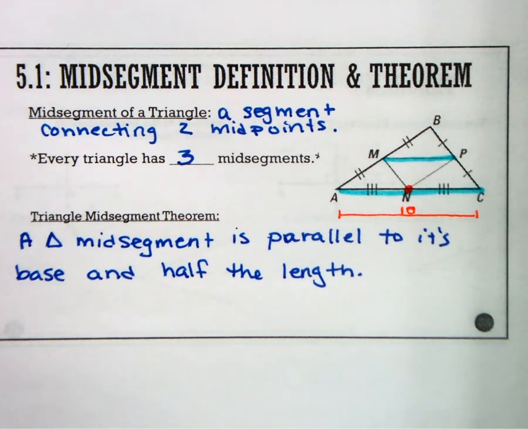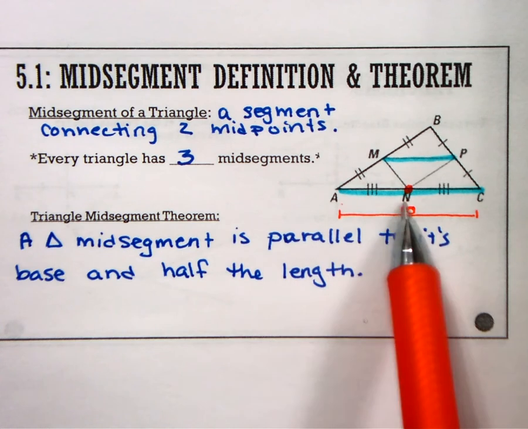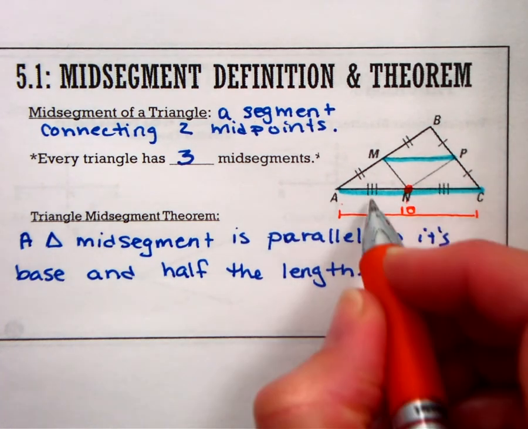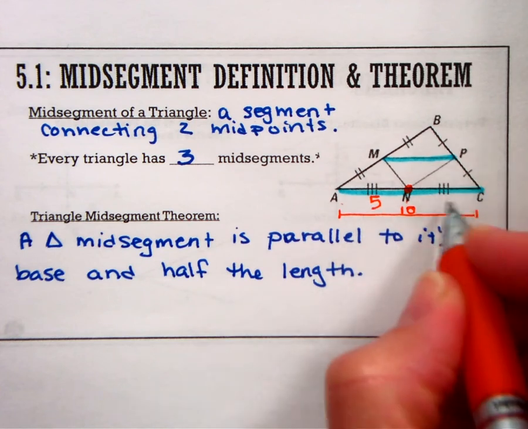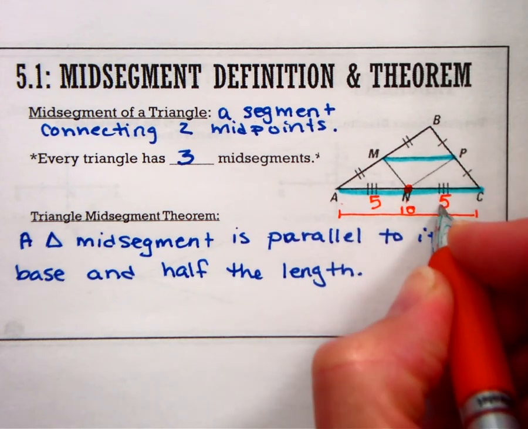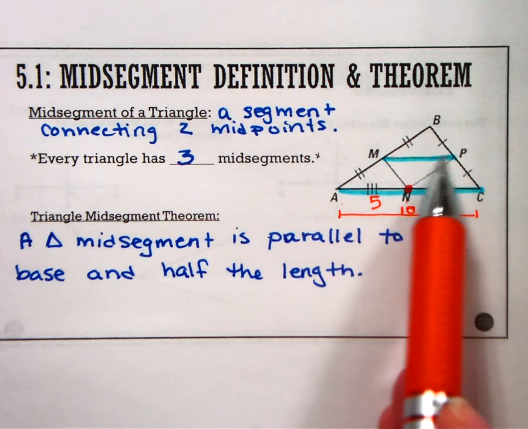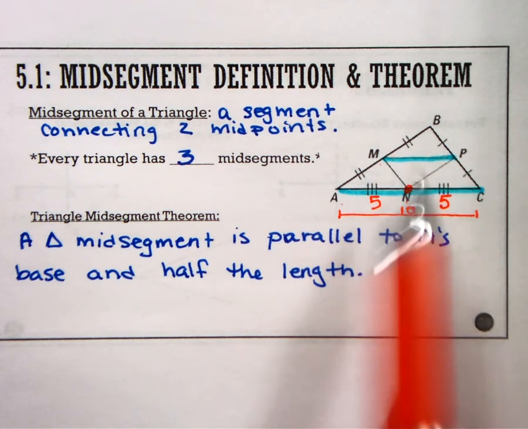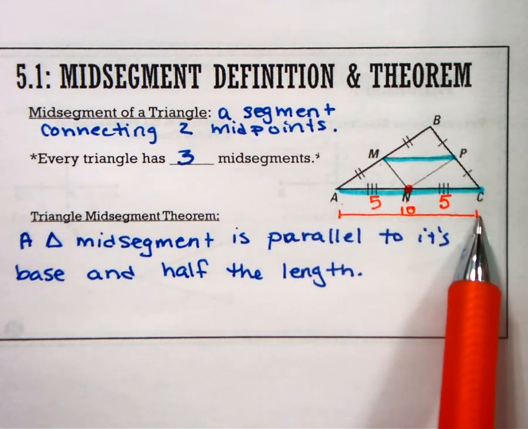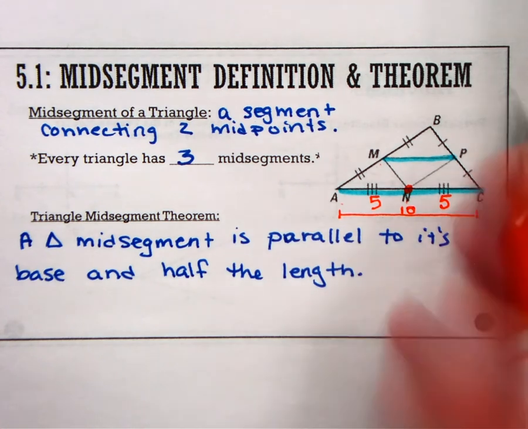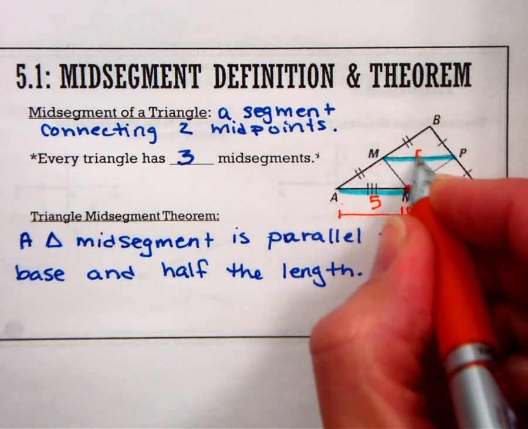If it's a midpoint, what would be the length of A to N? Be 5, right? So if this is 5, then this would be 5. But wait a minute. This mid-segment is half the length of its base. So if this is 10, this one is also 5.